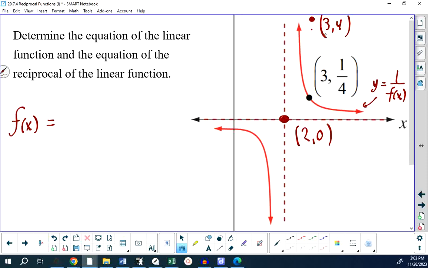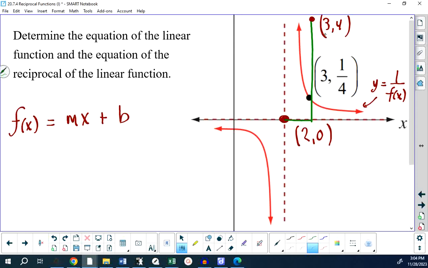Basically, we know that it's a straight line, so it has to fit this. So we need to know the slope. Well, how can we find the slope? Well, you know 2 points. Rise over run will give you the slope. I can see the rise is 4. And what's the run? 1.